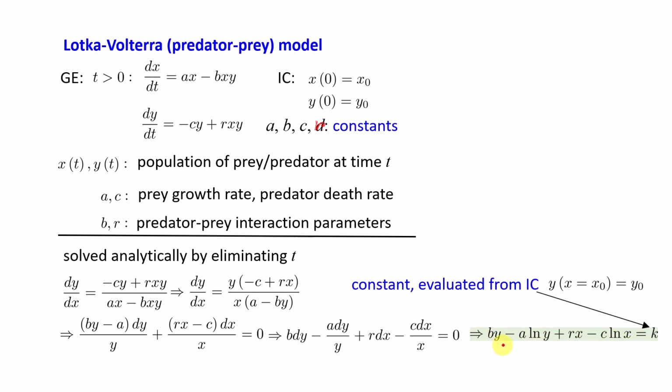But then it doesn't give us much, because this equation is such that it's very difficult to understand what will happen to the population of each of x and y. But what we can do is plot this. This is an implicit function, but it can be plotted using software, or you can take a certain value of x and calculate y.